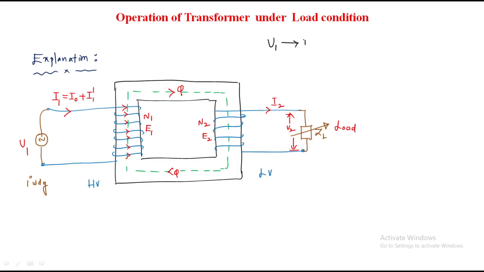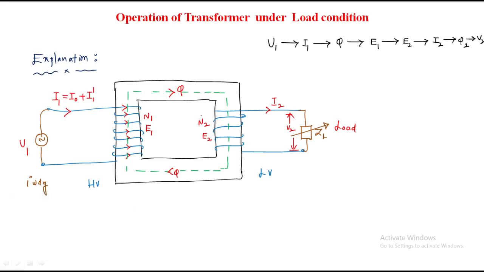V1, I1. Now it is I1, not I mu, not I naught. Phi. Because of this phi, there is E1, E2, then there is a load I2, V2, right? So because of this I2, there is a phi 2.